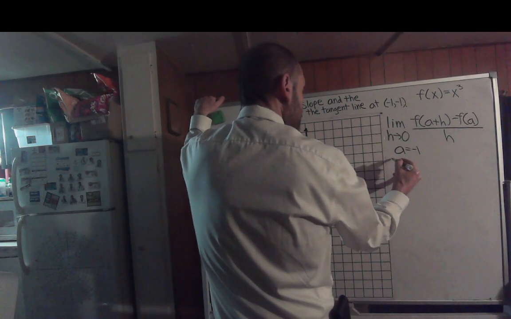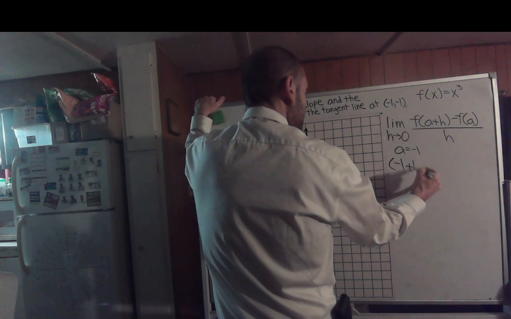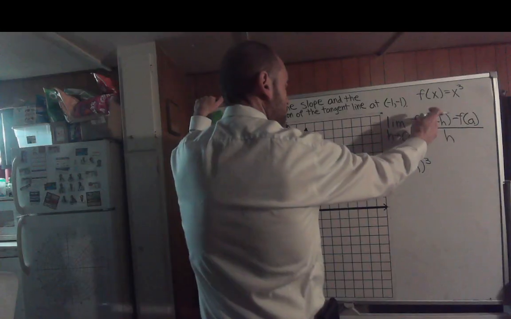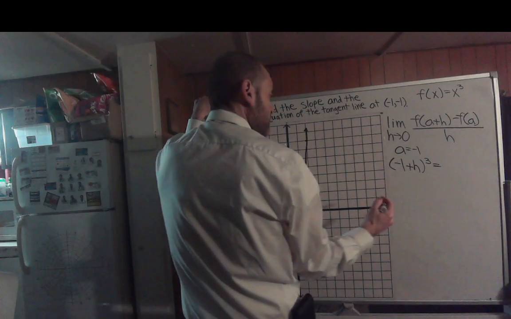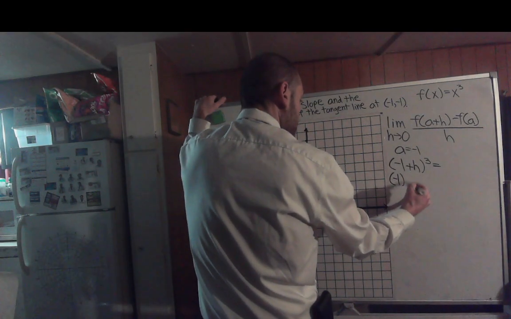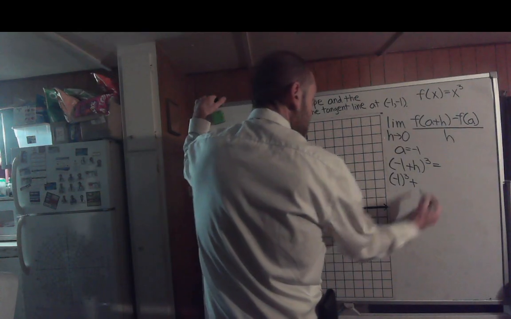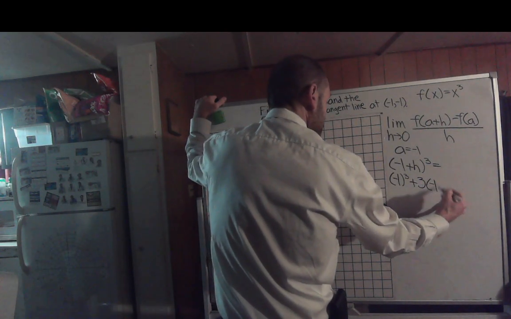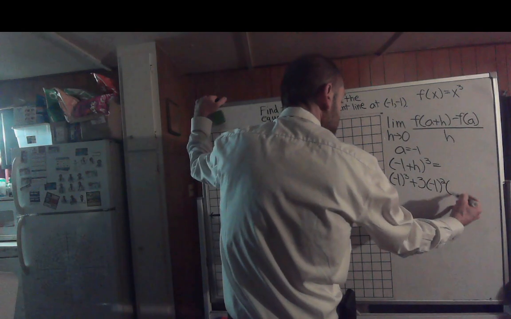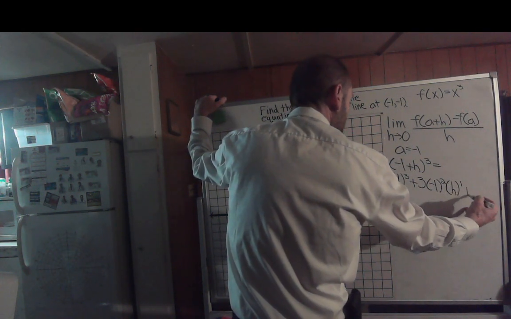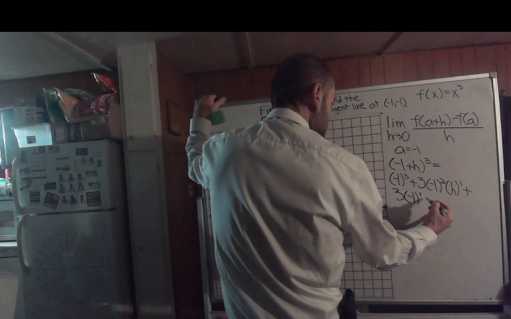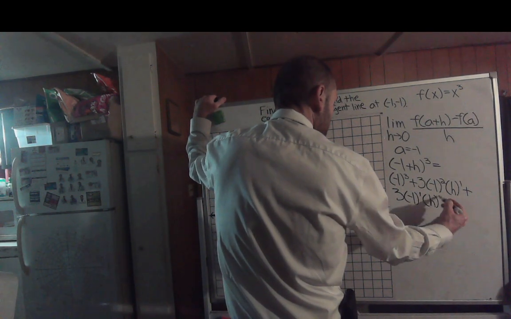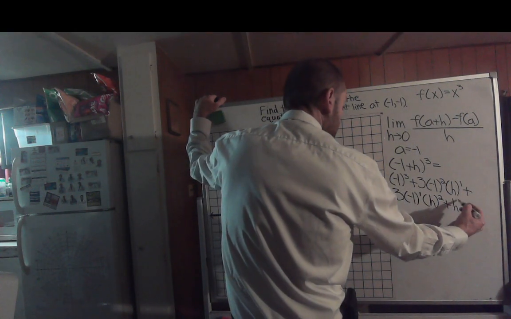So if I put in -1 plus h and I raise that to the third power, because we have to take f of a plus h, that is going to then equal, of course, -1 to the third plus 3 times that -1 squared times my h to the first power, plus 3 times -1 to the first times h to the second power plus my h to the third power.